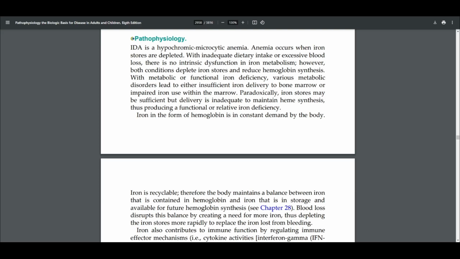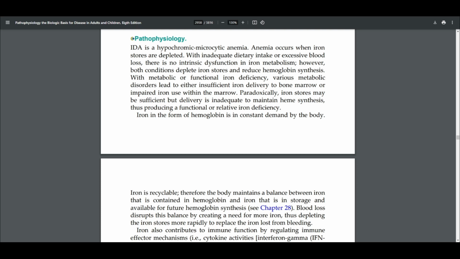With metabolic or functional iron deficiency, various metabolic disorders lead to either insufficient iron delivery to bone marrow or impaired iron use within the marrow. Paradoxically, iron stores may be sufficient but delivery is inadequate to maintain heme synthesis, thus producing a functional or relative iron deficiency.